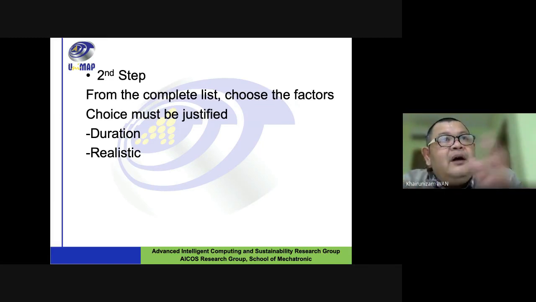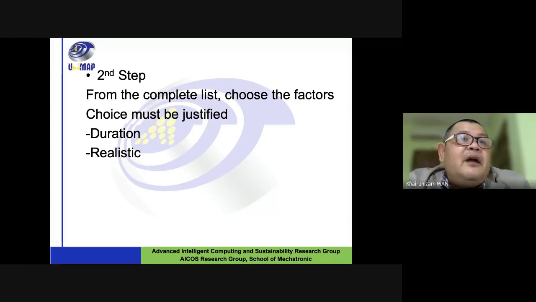So you must have a justification. First, duration, and second, realistic. For example, for a doctoral or master degree, the projects sometimes come from the industry. Industry has funding, they have a lot of money, but under final projects, you do not have funding, and the projects do not come from the industry. So please also think about the realistic.